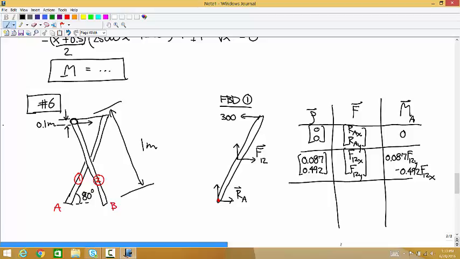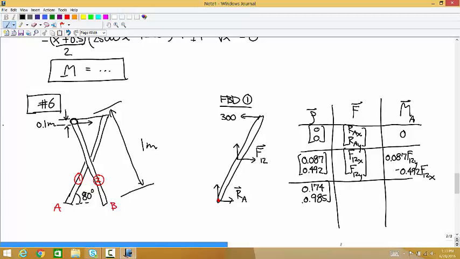And then the last one is the 300. That is at twice this, 0.985, right?